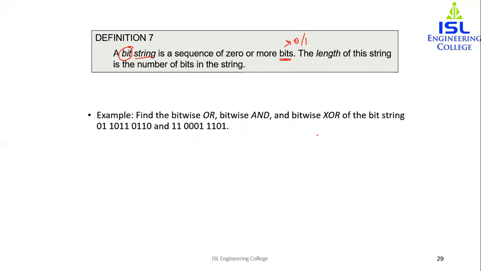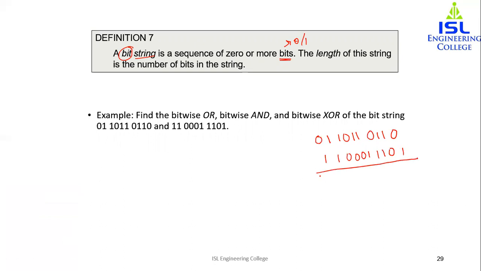So for bitwise OR, let's take this number. I'll explain the first one. Bitwise OR. 110001, and then 01 and then 1101.